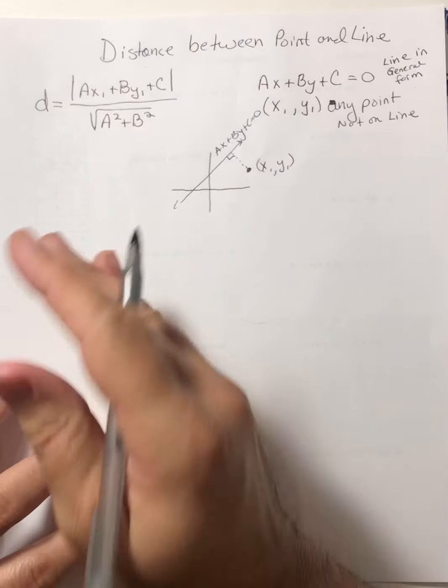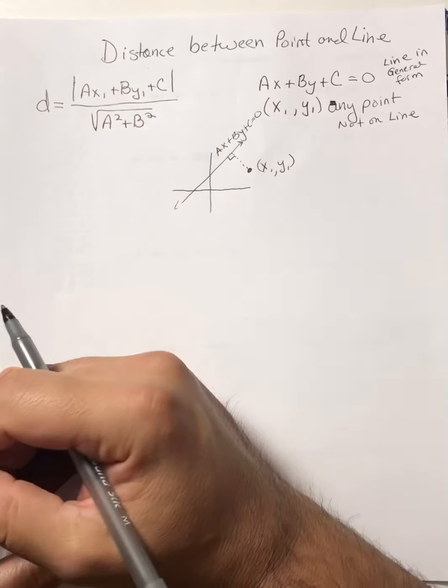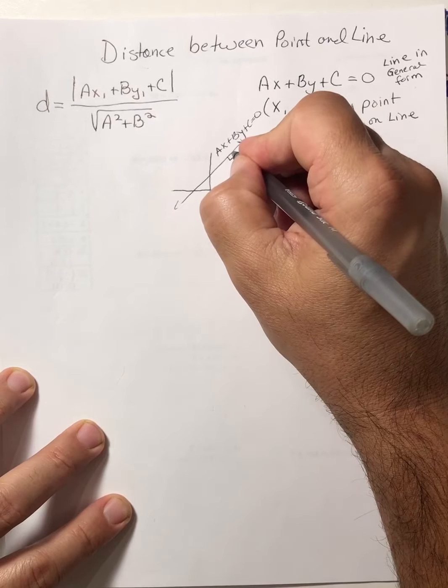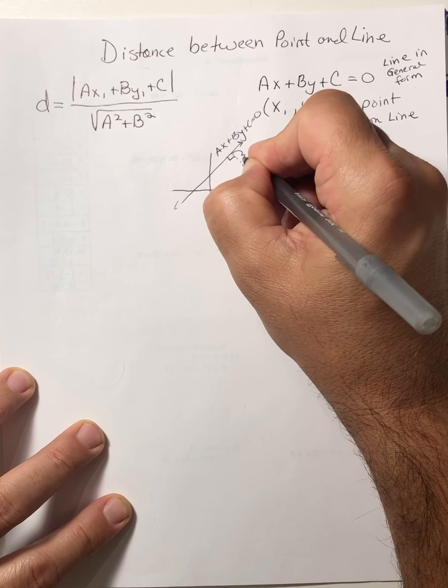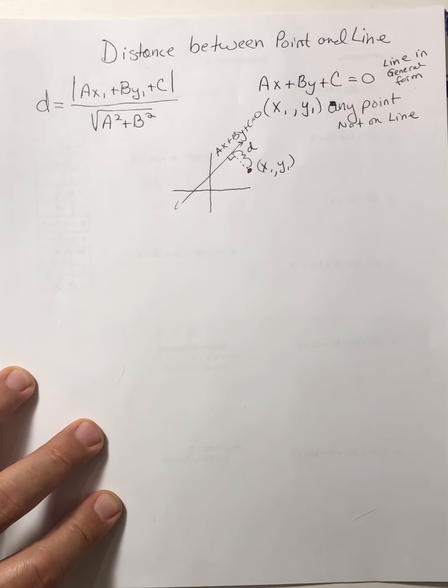Whenever you're measuring distance, it's always done perpendicular to whatever you're looking at. So this is the distance that we'll be finding. That's our D, our distance. So let's look at an example.